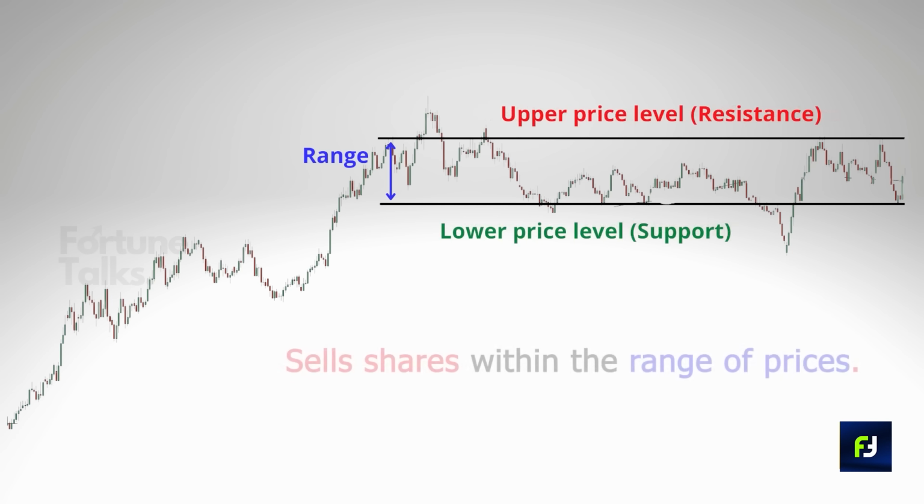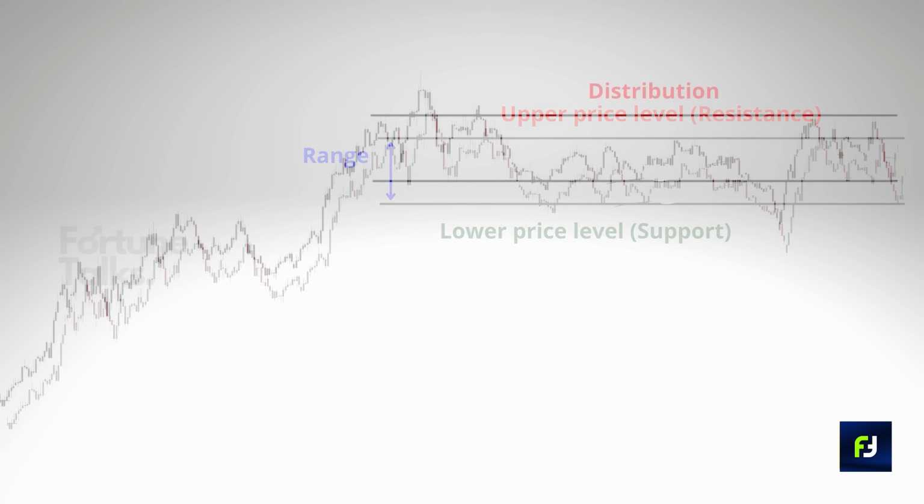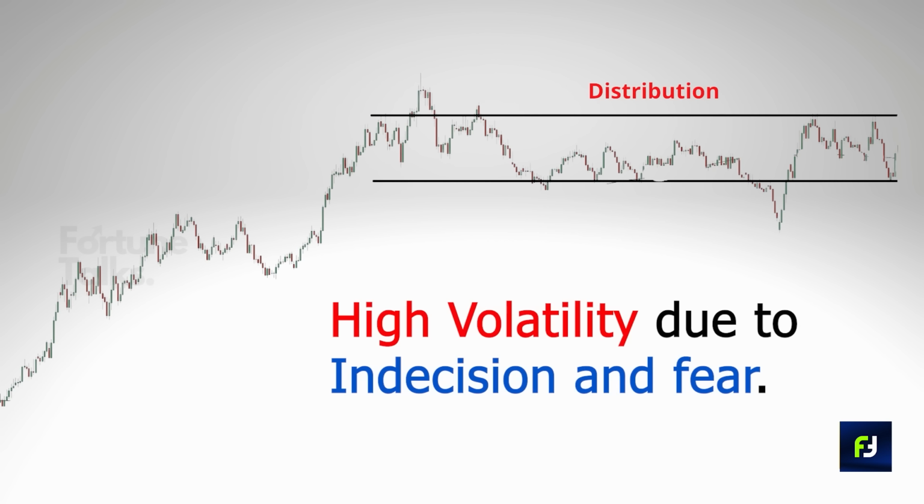So they will sell at a range of target prices. And that is why the distribution phase is also range bound, and the trend traders don't stand a chance if they don't adapt suddenly. In the distribution phase, the volatility tends to be high due to the panic of an imminent crash or fall in the prices.